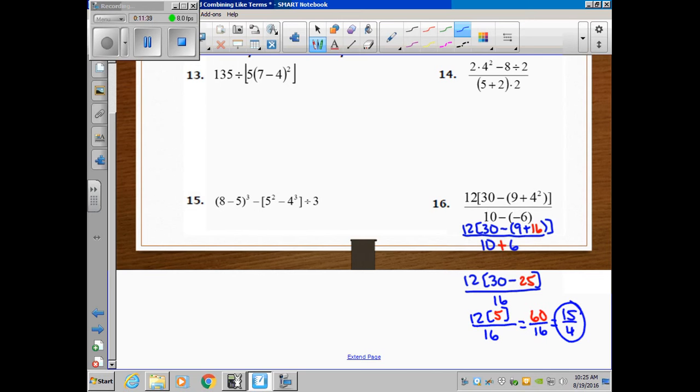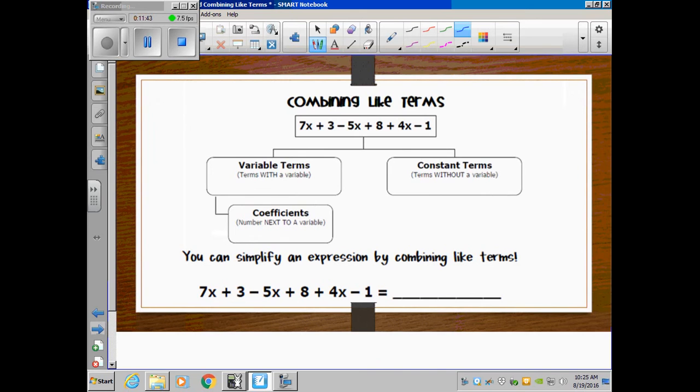All right, let's move on to combining like terms. Here we have a long expression, but a bunch of the things are like terms. Variable terms are terms that have a letter next to them, like 7x, negative 5x, and 4x.